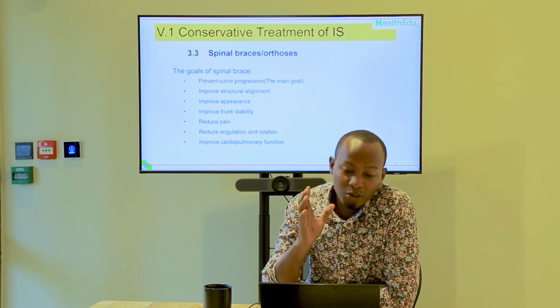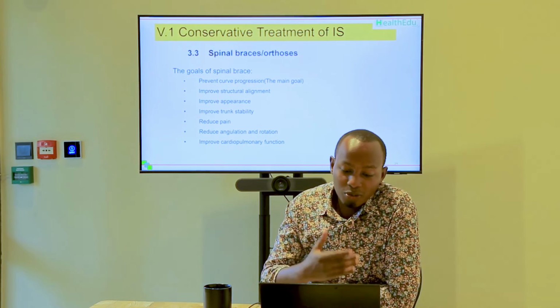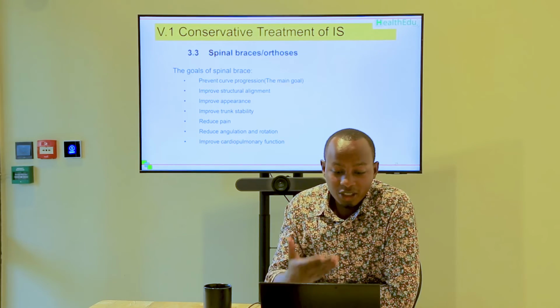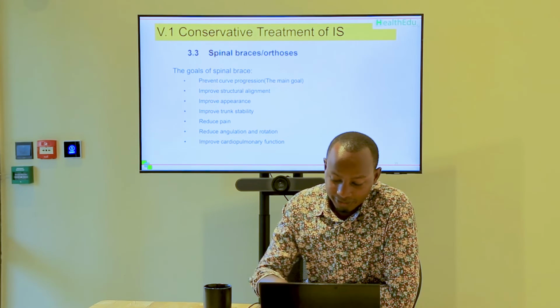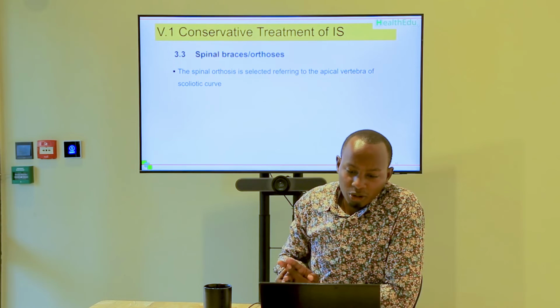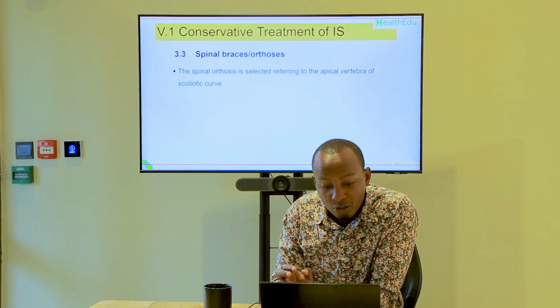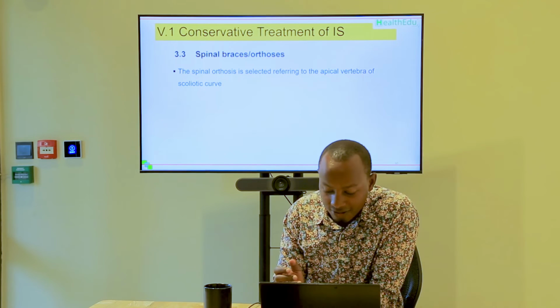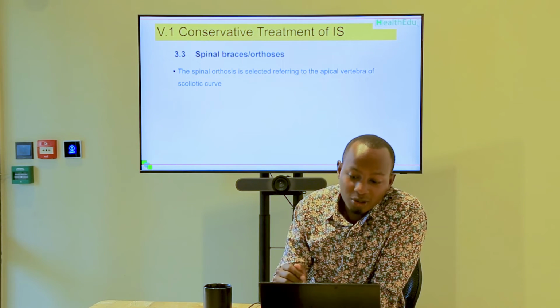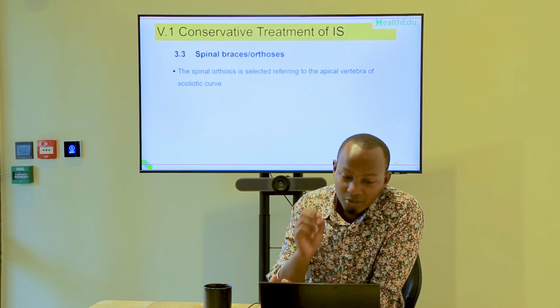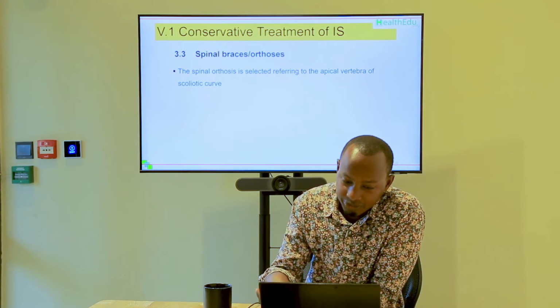In this case, we provide the spinal braces to improve the function and the patient may reduce the pain. The spinal orthosis is selected referring to the apical vertebra of the scoliotic curve. Remember we talked about what the apical vertebra is. It's very important in spinal braces.